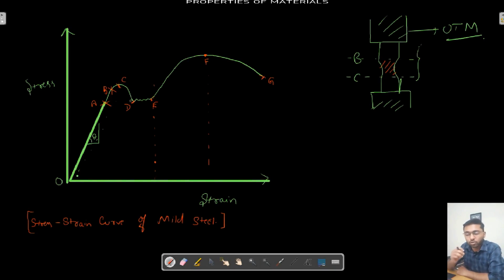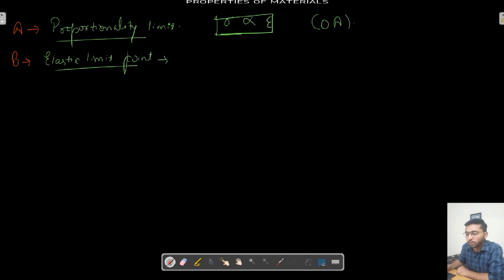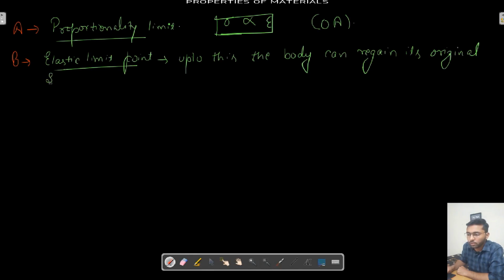There will be some sort of yielding in the body. And therefore this point B is known as elastic limit point. By definition, up to this point the body can regain its original shape. This is a very important point.